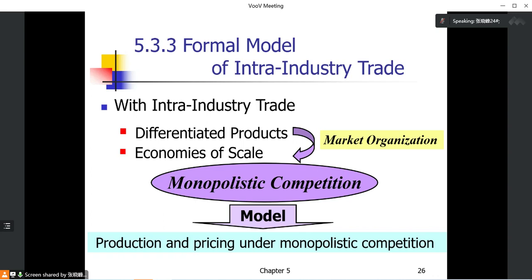These two are the main elements of the market organization that causes monopolistic competition. That's the model: production and pricing under monopolistic competition.